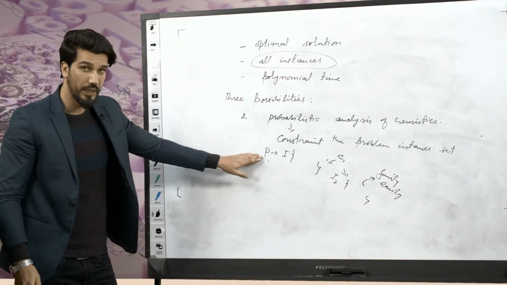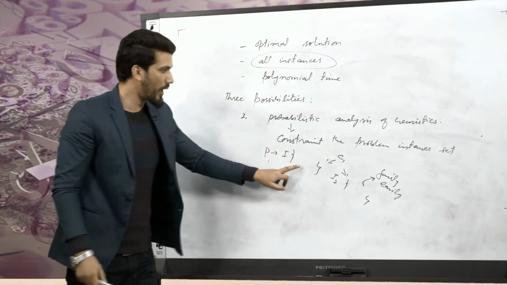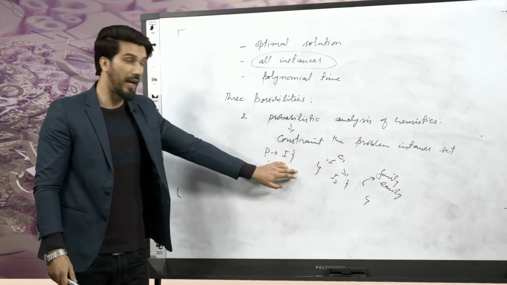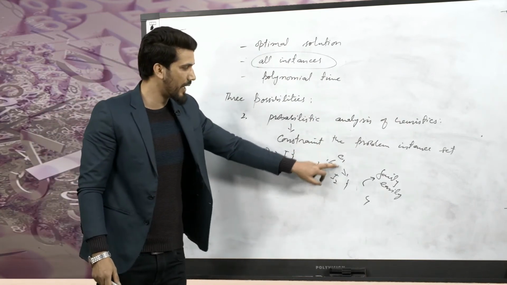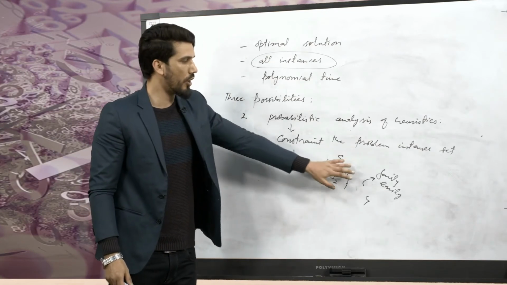I had a problem P, and I have an instance set I for problem P. Now what I do is I apply this constraint C1 to this instance set I, and I get the instance set I2. Now this I2 can be solved fairly easily.